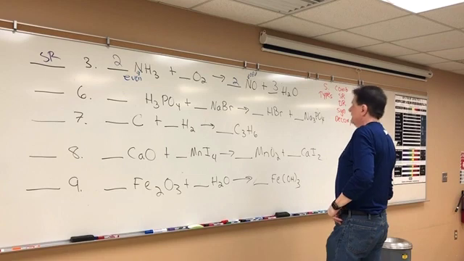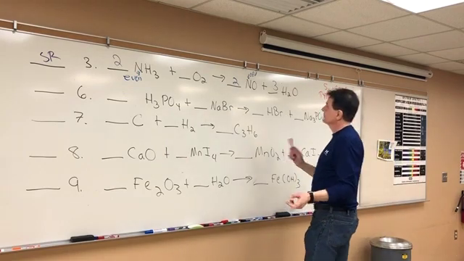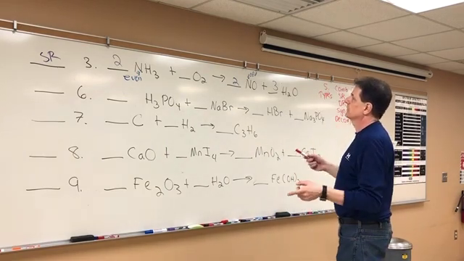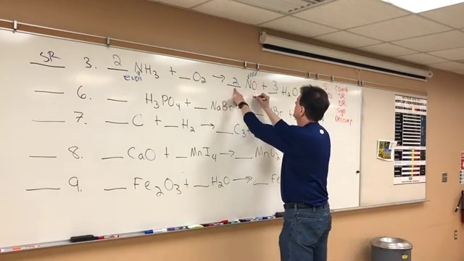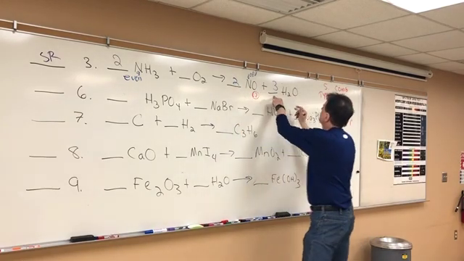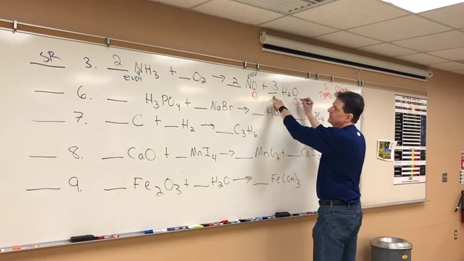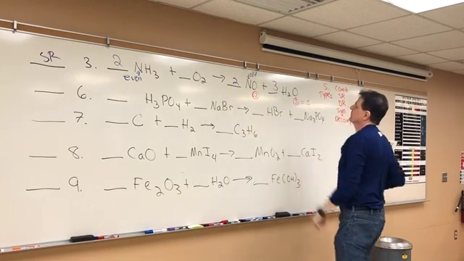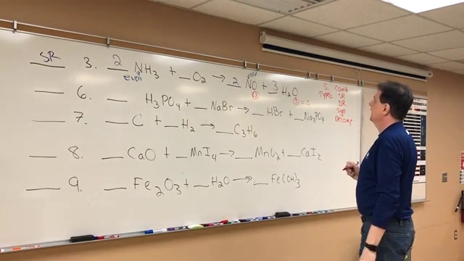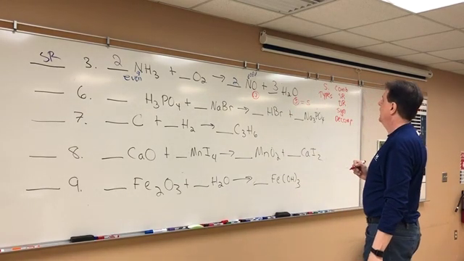So let's check the O count next. We're good on nitrogen and we're good on hydrogen. We've got to do the oxygen count. 2 times 1 is 2 here. 3 times 1 is 3 here. And we have 5. Okay, we're going to be odd.